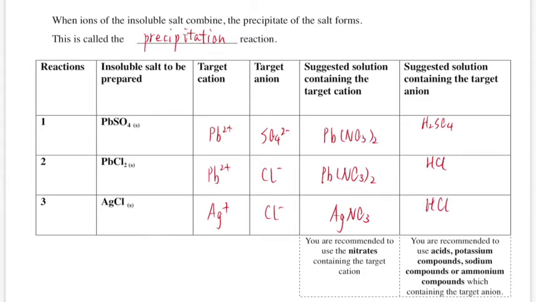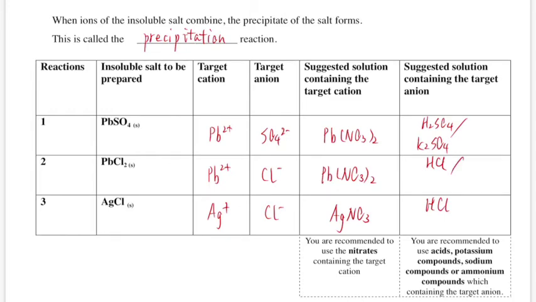Because we just need a soluble salt, it can be a group 1 salt, because group 1 or ammonium salts are all soluble. So you can also write other possible solutions, maybe potassium sulfate. That's also possible.